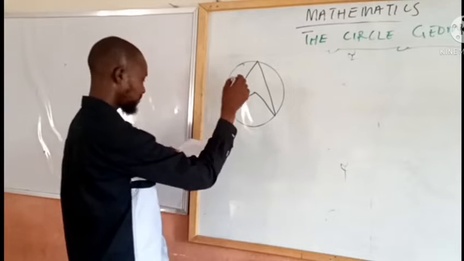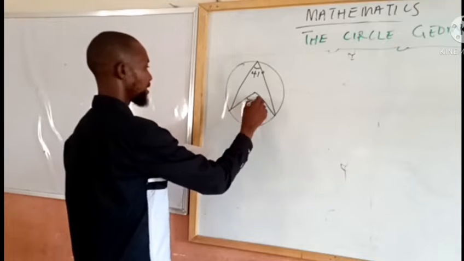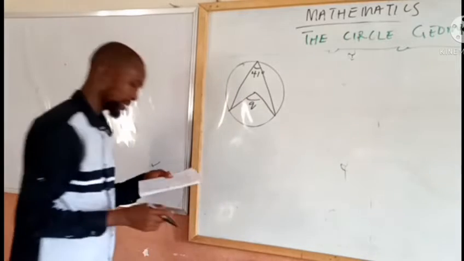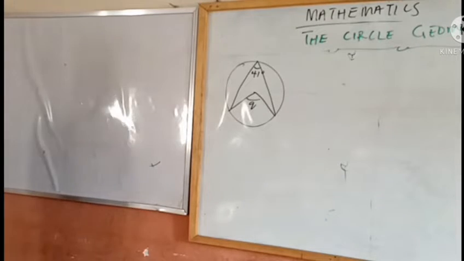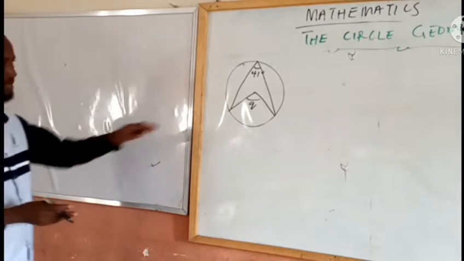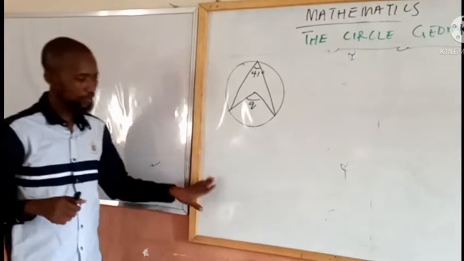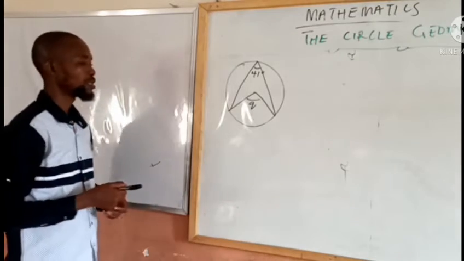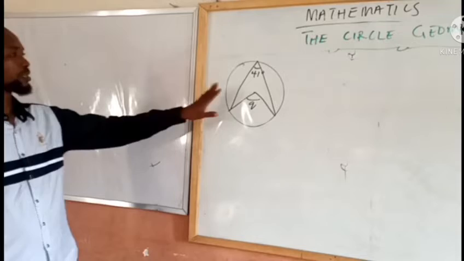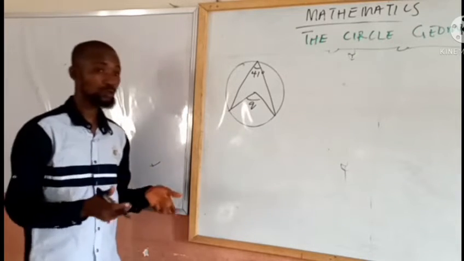Then I have 41 degrees here, while here is Q. And I'm asked to find the value of the marked angle. Now, when we look at this, we see that it corresponds to one of the three diagrams that I earlier drew on the board, which shows that the theorem which states that the angle at the center is twice the angle at the circumference is going to be applicable.